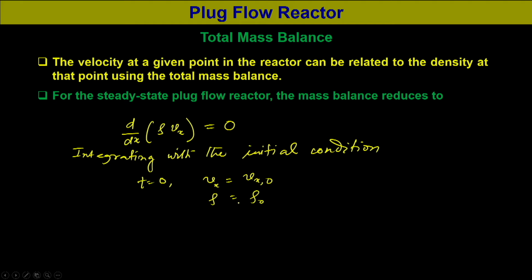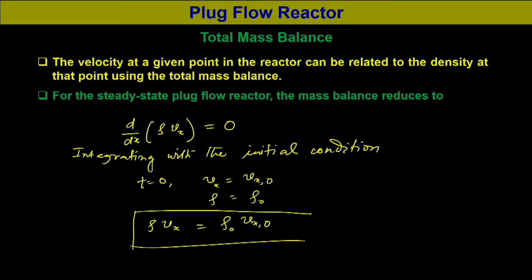So, if we integrate this, we will get rho Vx would be equal to rho naught Vx naught. So, this is the total mass balance equation.